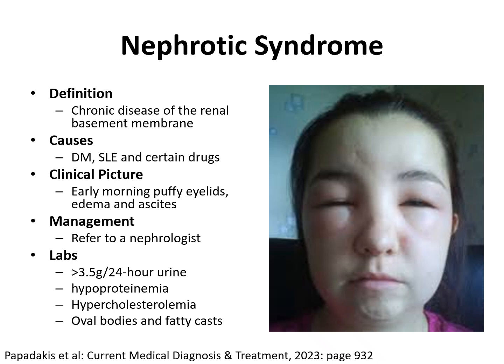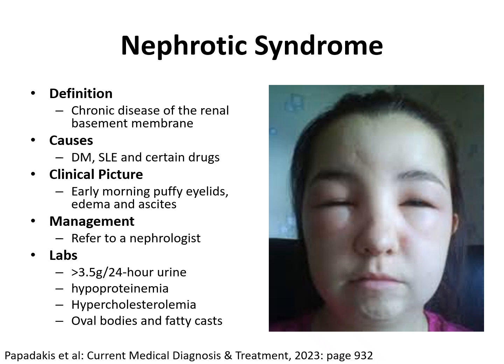Linked with the excess cholesterol in the blood, tiny little droplets of fat are passed through the porous basement membrane and result in oval fat bodies in the urine.